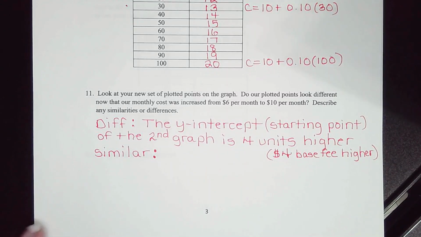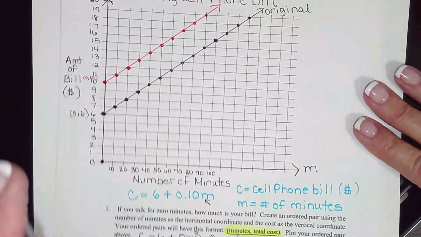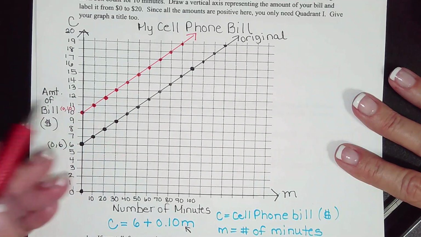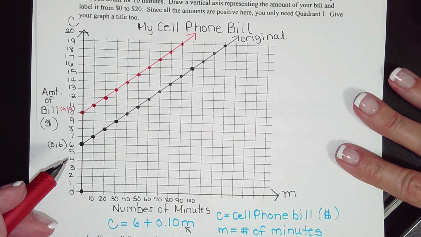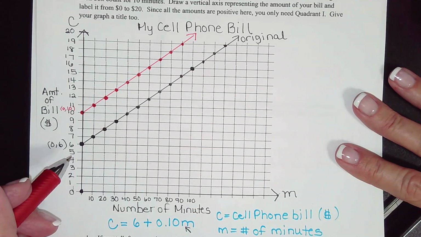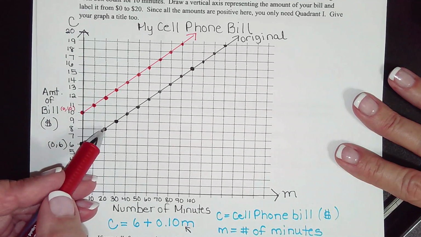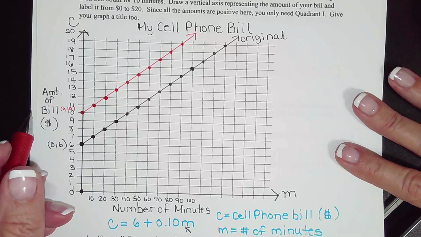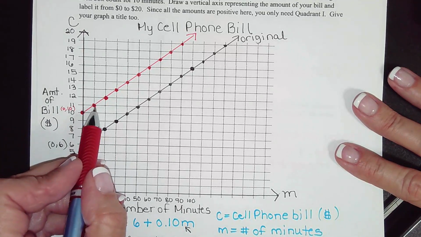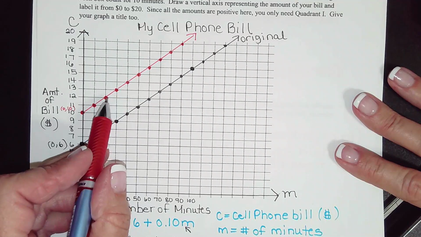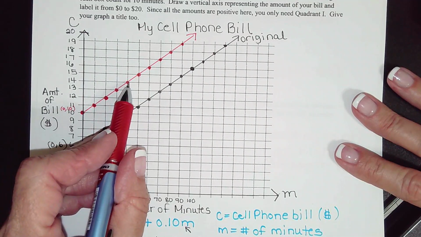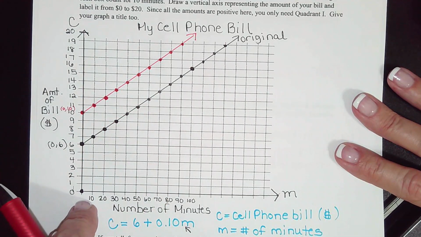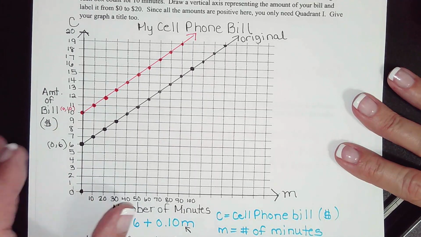Now let's talk about the similarities. Hopefully you see that they're parallel. And when two lines are parallel, we're going to learn that means their slopes are the same. So these two lines have the same slope, and slope is known as rate of change. It's 10 cents per minute, because it's $1 for 10 minutes, but that's 10 cents per minute.